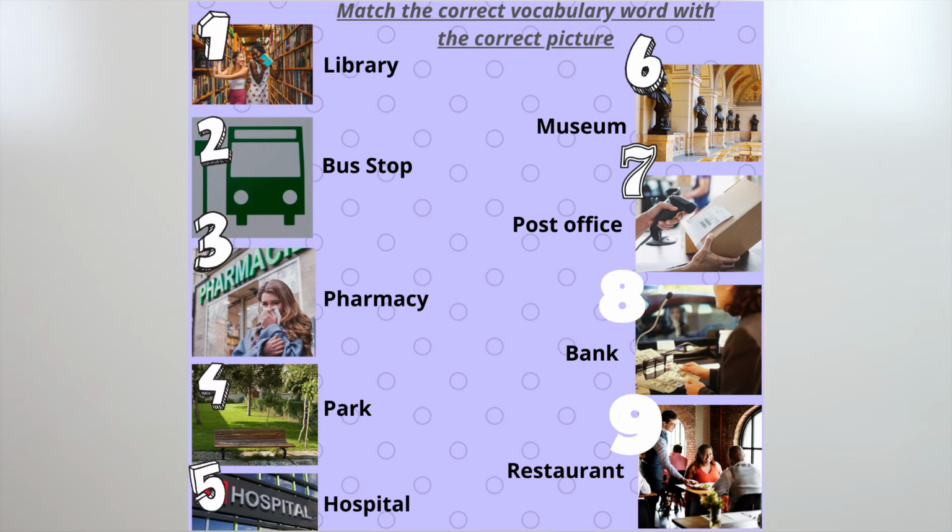Number 6, museum. Number 7, post office. Number 8, bank. And number 9, restaurant.